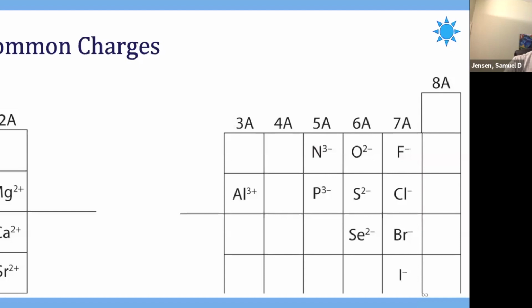Okay, when we are putting elements together, one of the things that we are going to need, and we'll talk about nomenclature tomorrow, is to know the charges, because we have positive charges and negative charges, and when they go together, they have to balance each other. So I don't get an oxygen that's -2 with 1 sodium as +1.